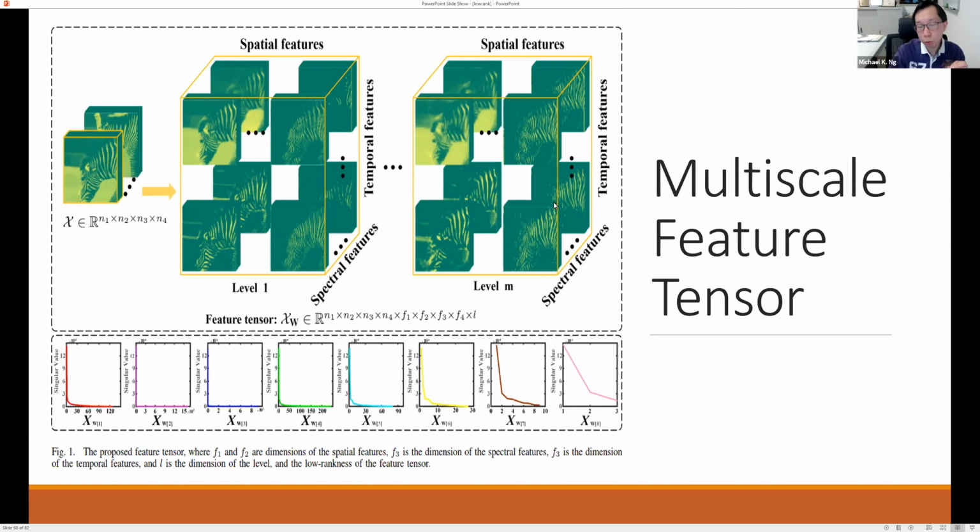Then you find the important hidden structure in the spatial and temporal domains, and you can represent this hidden structure by a matrix or by tensor SVD, by this low-rank structure. Then you combine them all together. So this is like the multi-scale feature tensor. This is the way we consider.